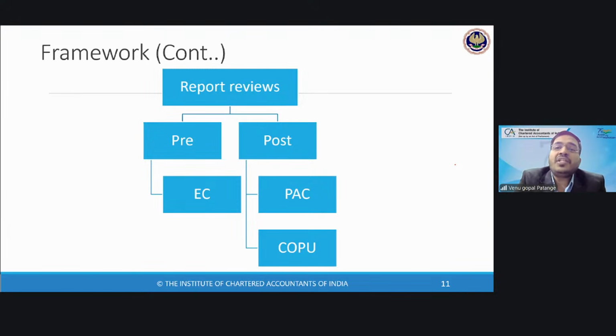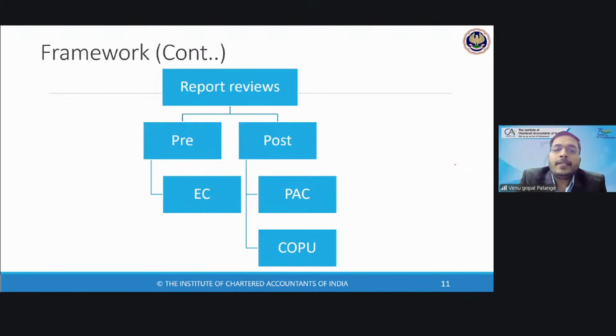So there are ministries which will tell that this is the expenditure we are going to incur in order to ensure public welfare. Metro rail projects by state governments, Mumbai Metro Rail, Bangalore Metro Rail, Delhi Metro Rail, Hyderabad Metro Rail, okay? So before implementing it, before executing it, they will put this in state assemblies and parliaments in order to get approval. So before going for approval, these estimates are reviewed by the estimates committee.